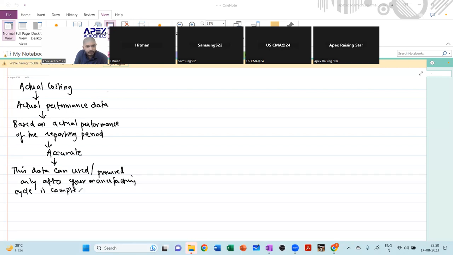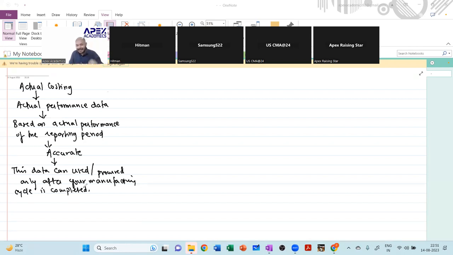It cannot happen before that. Please understand this concept thoroughly. Why can't it happen before that? Because it is based on actual numbers, guys. Actual numbers will be available after the manufacturing cycle is over. How can you get it in the midst of it or before it? What you will get before it is your static budget. The static budget has to be revised for the actual performances. But actual costing is your actual numbers.